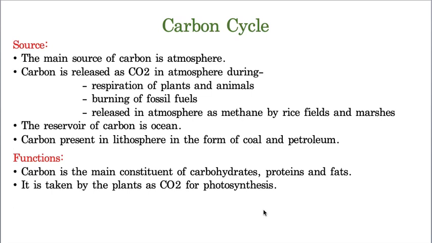So productivity is again divided into gross primary productivity and net primary productivity. Gross primary productivity means the total amount of food material produced by the plant body. Let us take, just for your understanding, 10 grams, whereas out of this 10 grams, for its body maintenance it used some 5 grams.